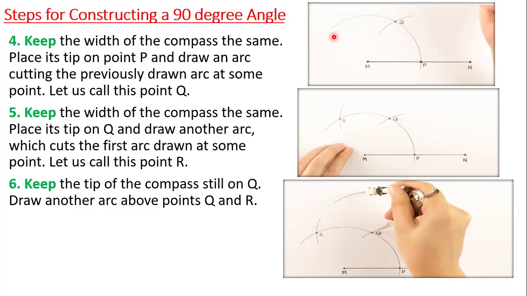Place its tip on Q and draw another arc, which cuts the first arc drawn at some point. Let's call this point R. Keep the tip of the compass still on Q. Draw another arc above the points Q and R.